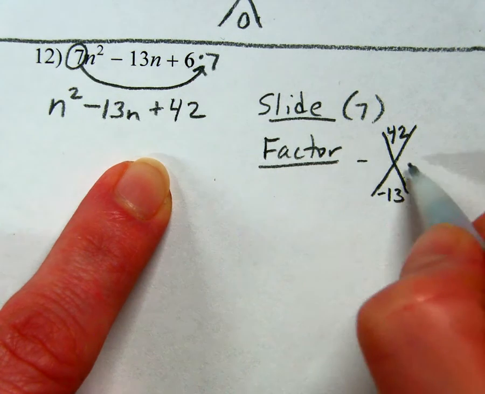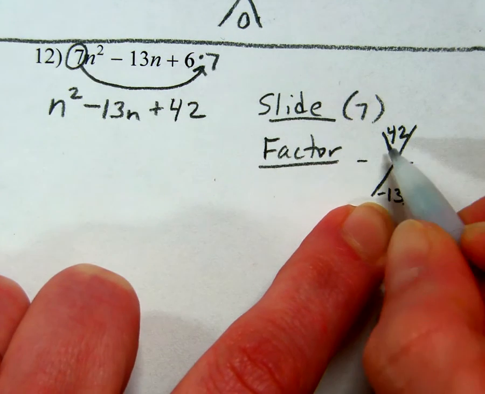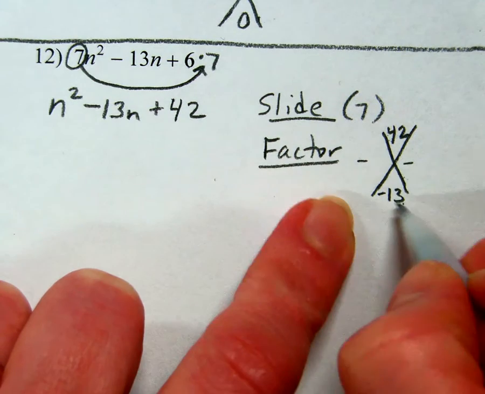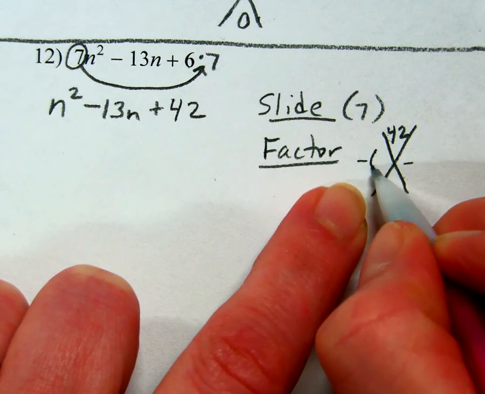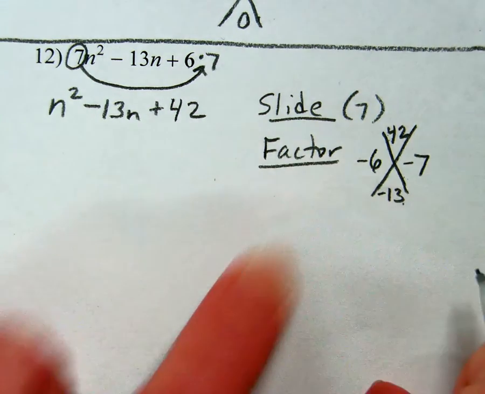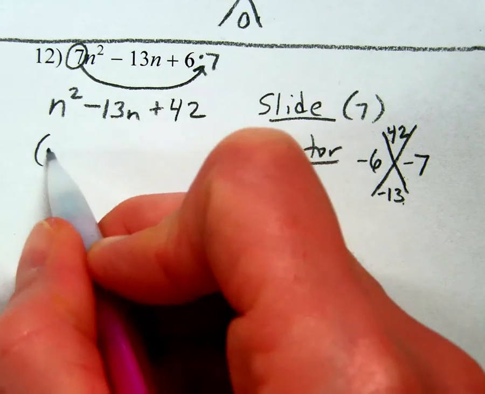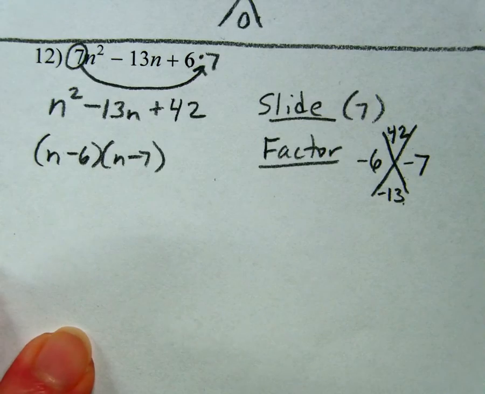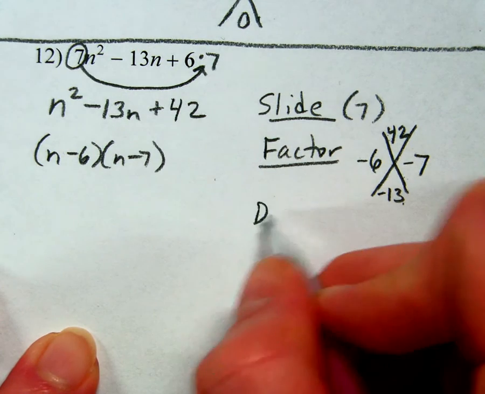So I know these are both going to be negative since it's adding to make a negative and multiplying to make a positive, which would mean the negatives canceled. So to get the 13 and the 42, we'd have to use negative 6 and negative 7. So we would make this n minus 6 and n minus 7. So that's your next step.